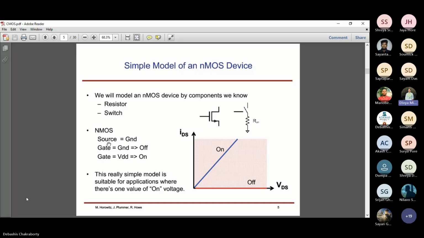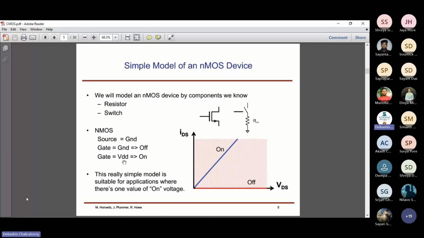The ground. So in a single page, write the two side by side so that you can easily understand. For NMOS, the source is connected to ground, and when the gate voltage is low, the device is off, and when the gate is high, meaning binary 1, logically high, the device is on. So this is for NMOS.